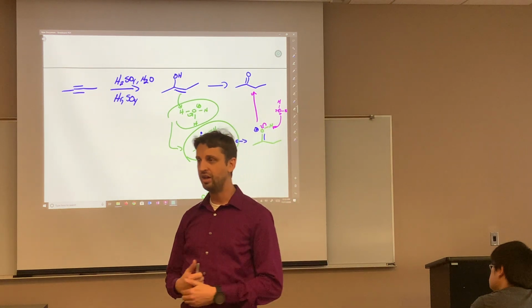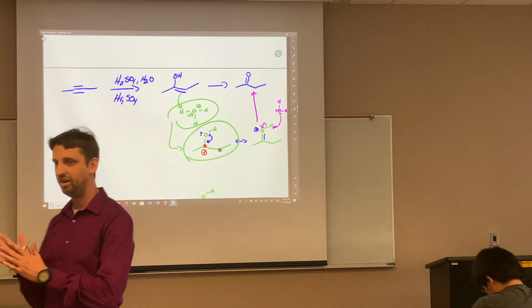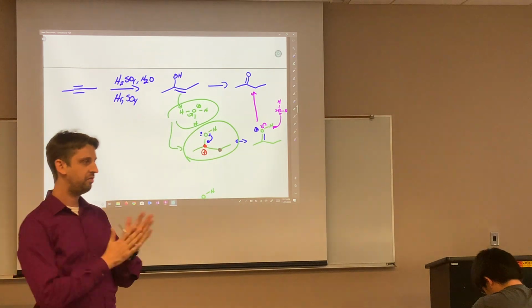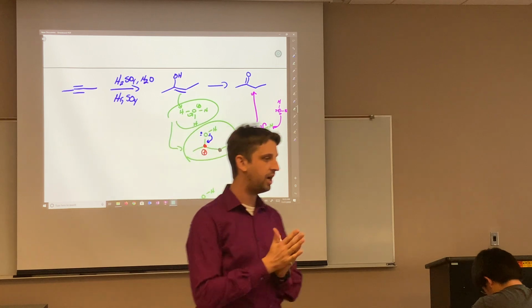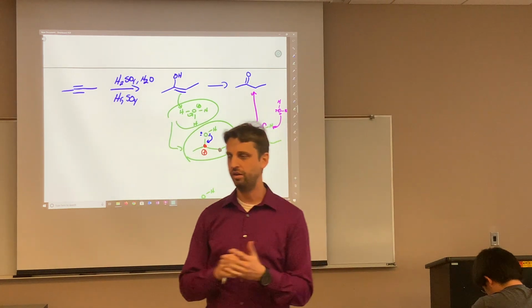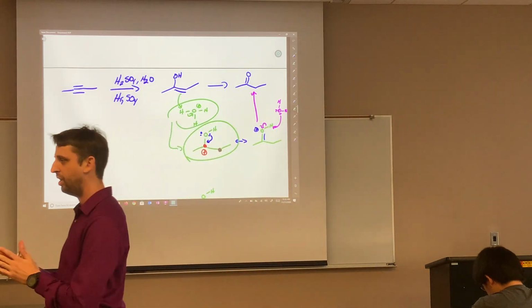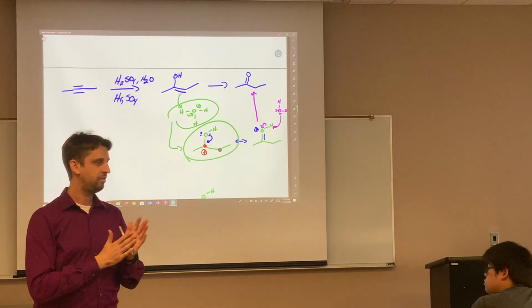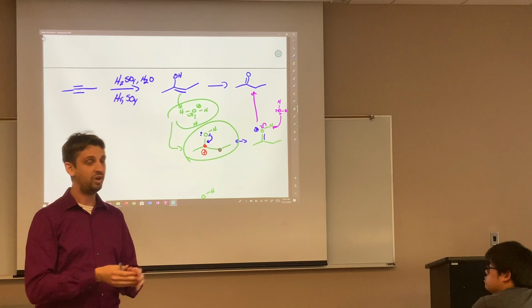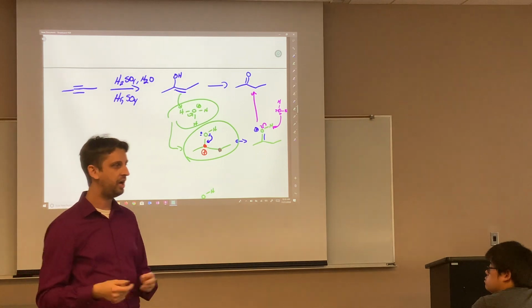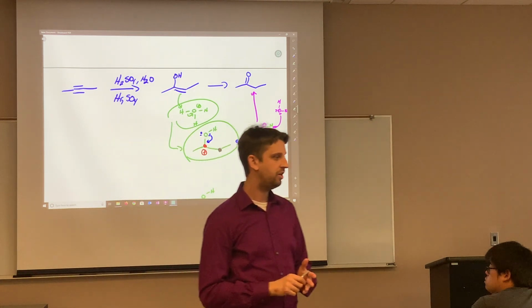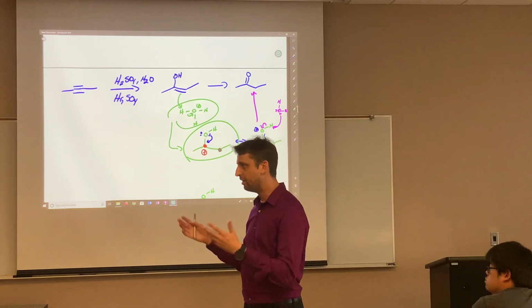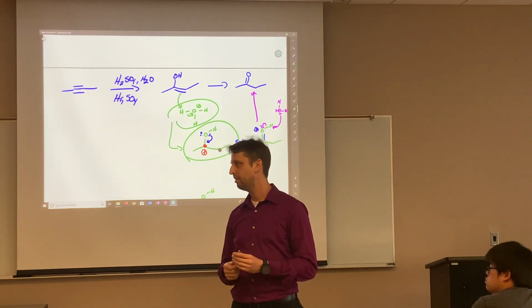You're not going to see a carbon with a negative charge under acidic conditions. I mean, that'll happen maybe in some rare mechanism, but not for our undergraduate OChem classes, okay? If you're under acidic conditions, carbocations get formed. If you're under basic conditions, negative charges get formed, okay?